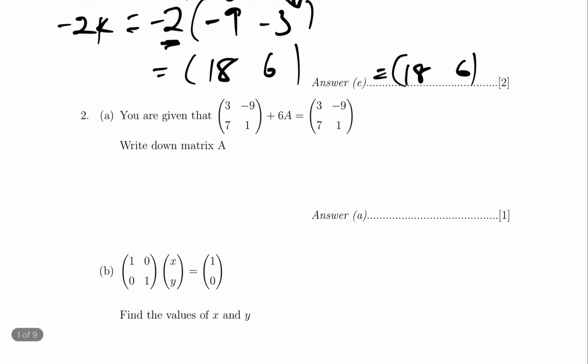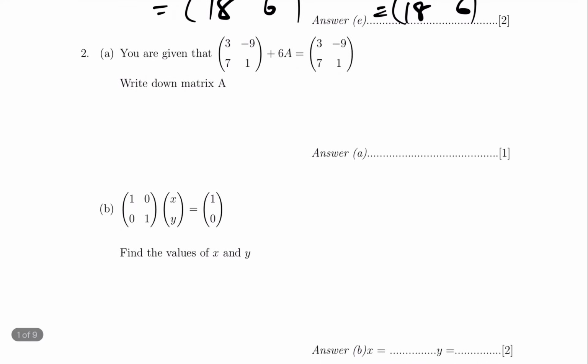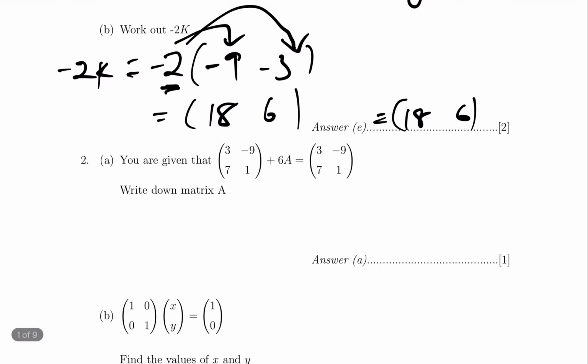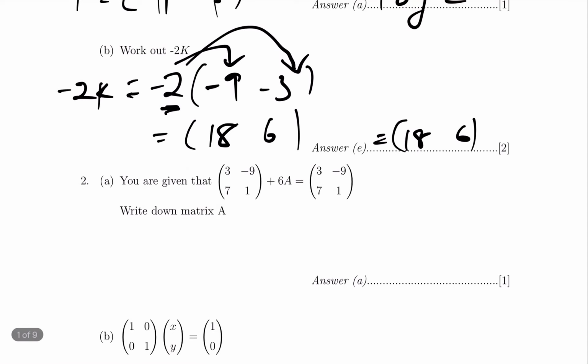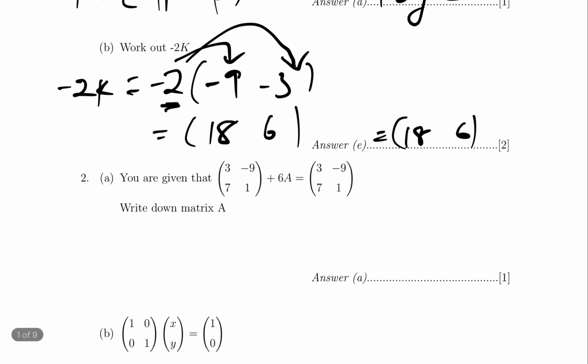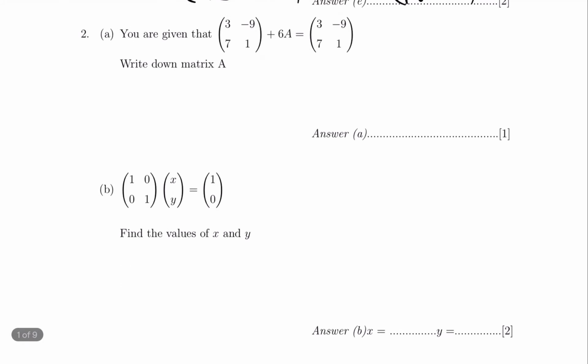Number 2 says we are given that this matrix plus 6a is equal to this matrix. Write down matrix A. There's something we have to check here. One thing to realize is that this matrix is equal to this matrix.